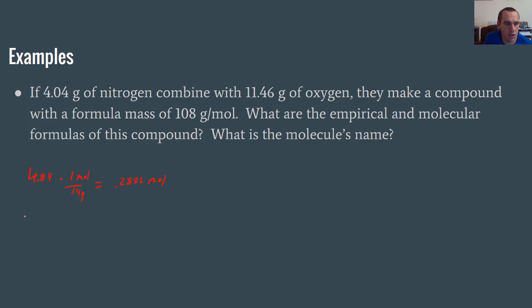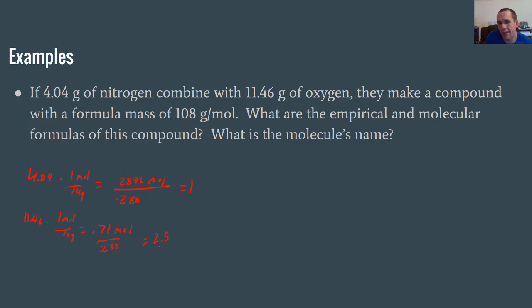And then for oxygen, 11.46 times 1 mole per 16 grams, and this gets me 0.71 moles. Now, same trick as before, we're going to divide both of these things by the smallest one, and when we do that, what we get is 1 here, but we get 2.5 here.